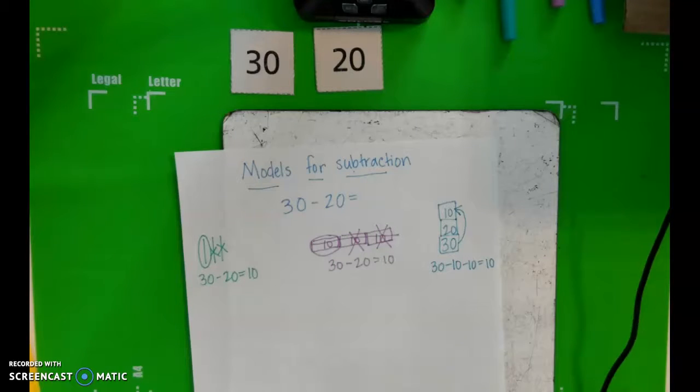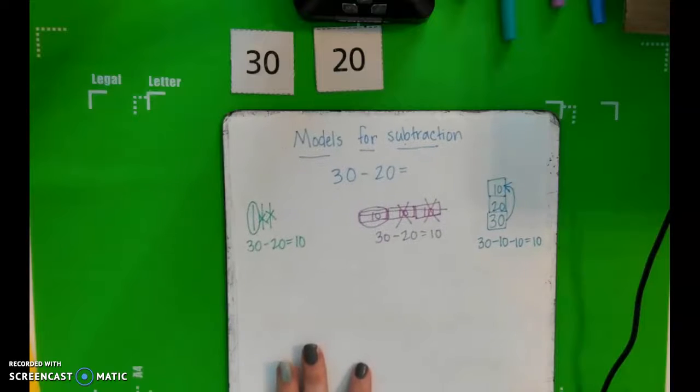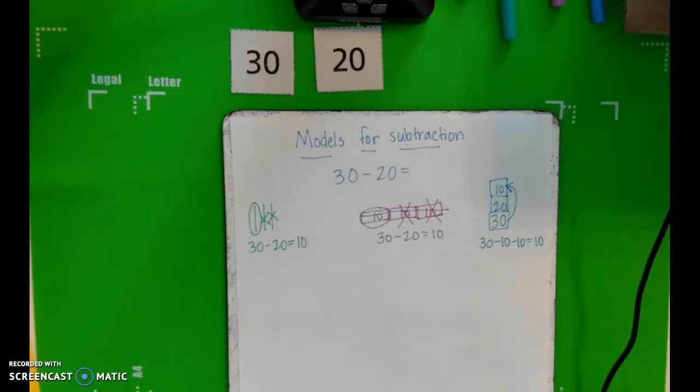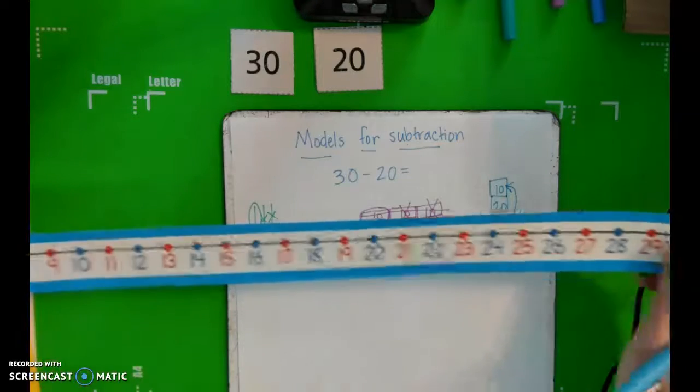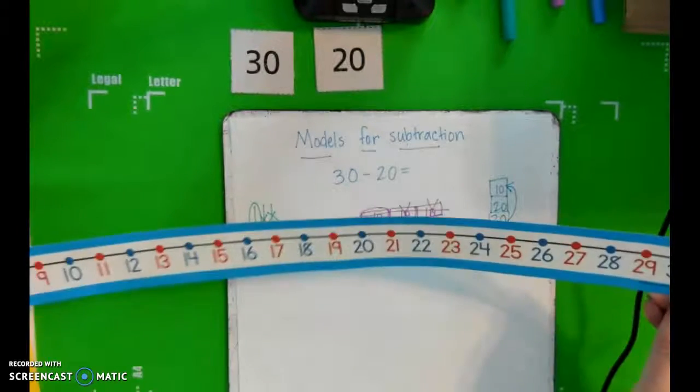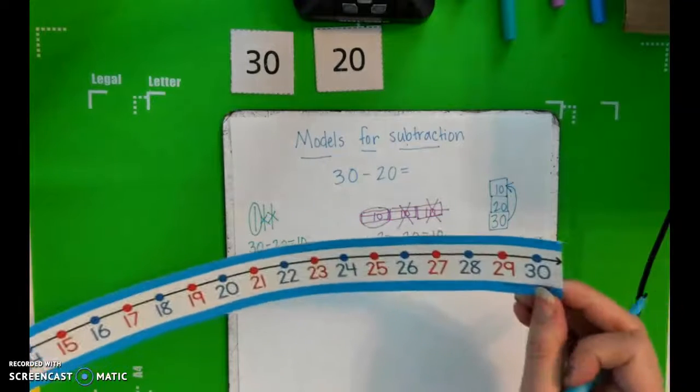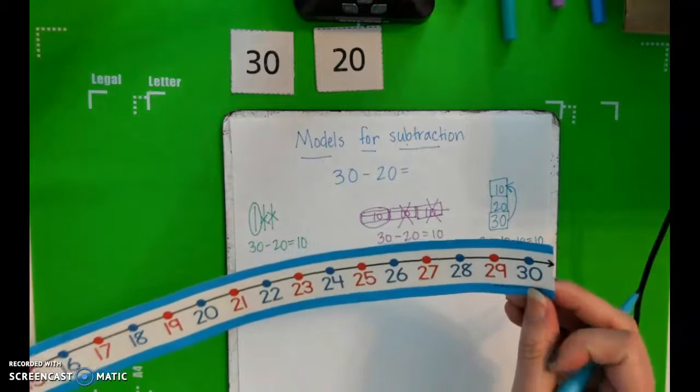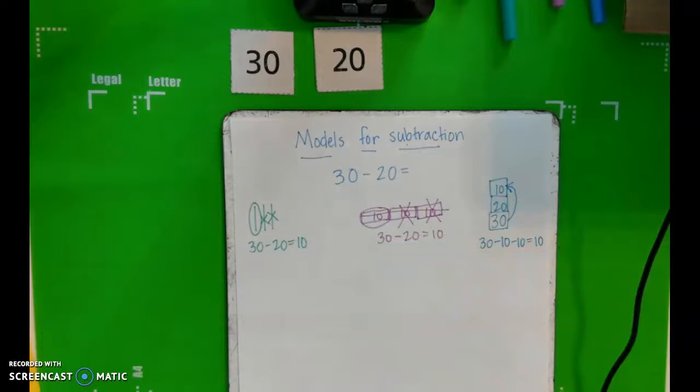All right, so the last one we're going to draw on here is a number line. Now, we've been using number lines in our classroom all year. Our number lines that we use at our seats go to 20 or 30, which is kind of perfect for this, but if the numbers get any bigger, not such a great tool. We know that the number lines on our wall go a lot further than that.